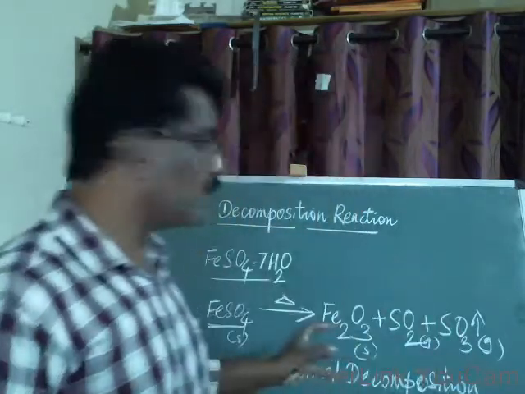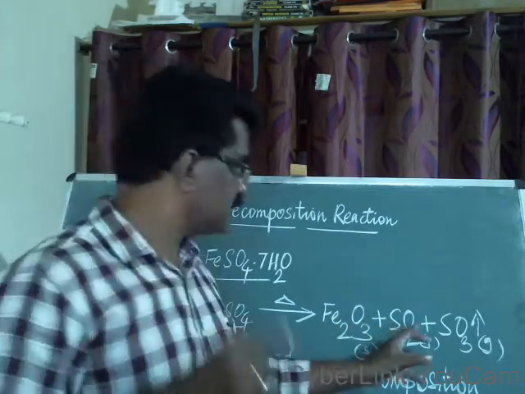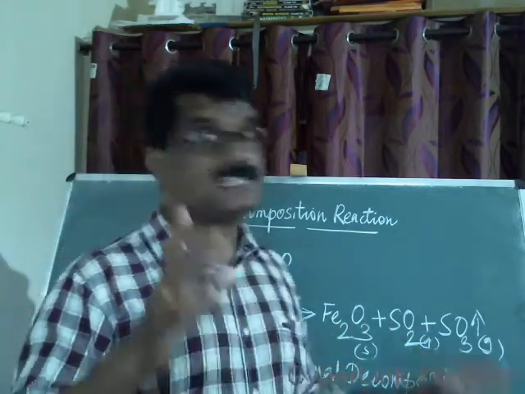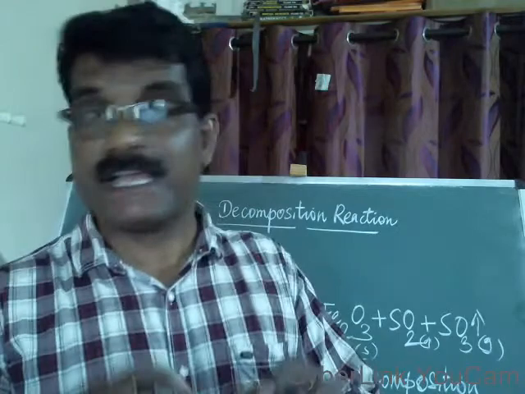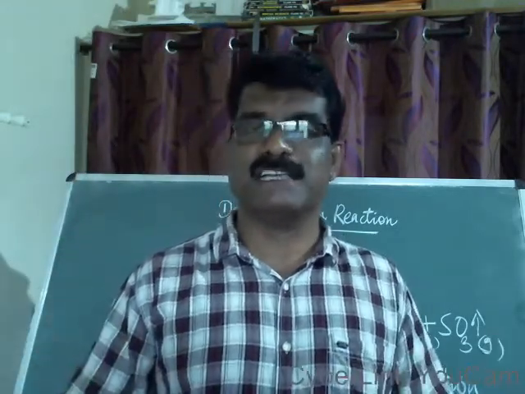When the iron sulphate is heated, it breaks down into more than two products such as iron oxide, sulfur dioxide and sulfur trioxide. Such a reaction in which a chemical substance breaks down and produces two or more products is known as decomposition reaction.